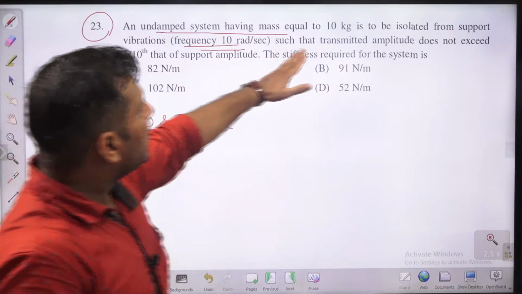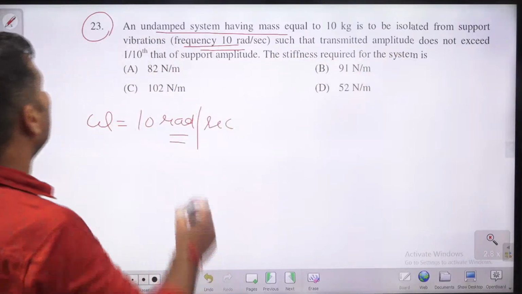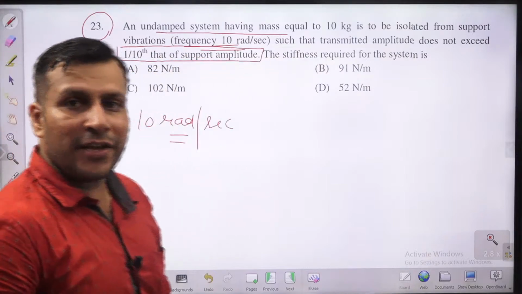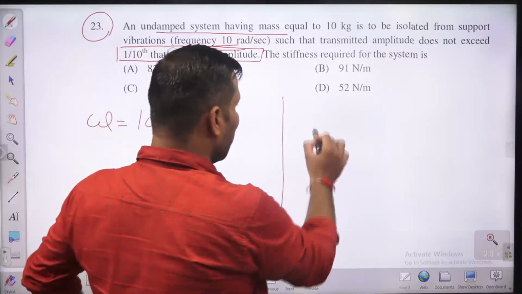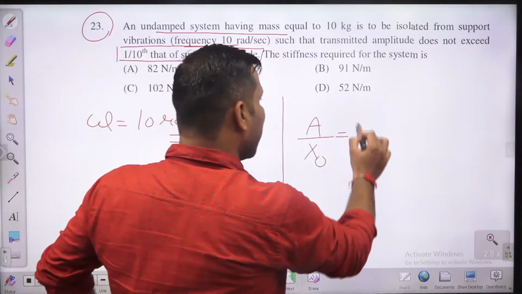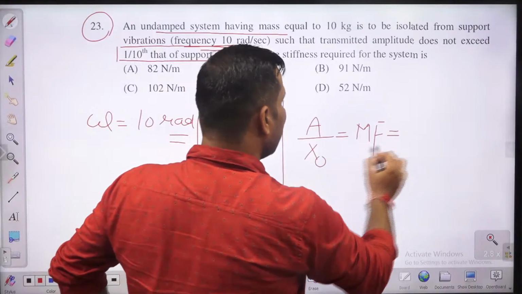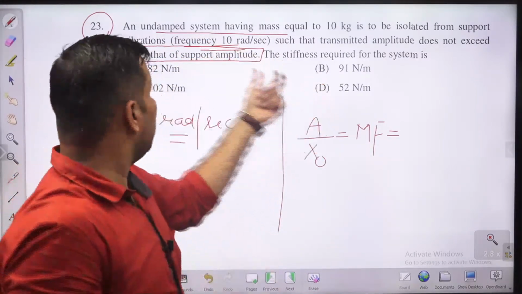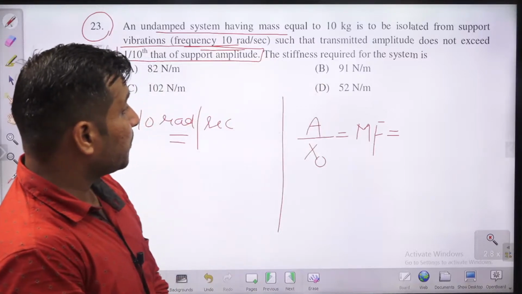Now the amplitude does not exceed 1/10 of the support amplitude. So indirectly, what is given to you? He is giving you the ratio of the amplitude to the static deflection. This is the magnification factor.